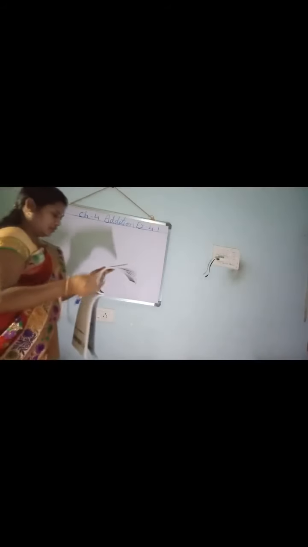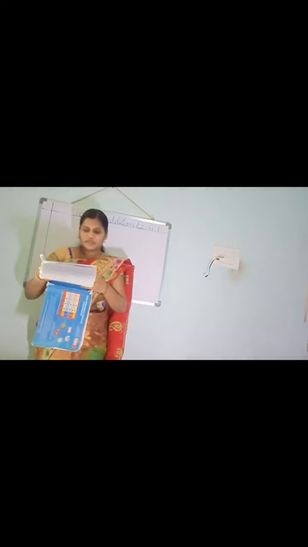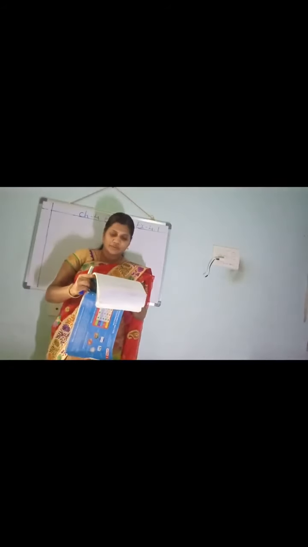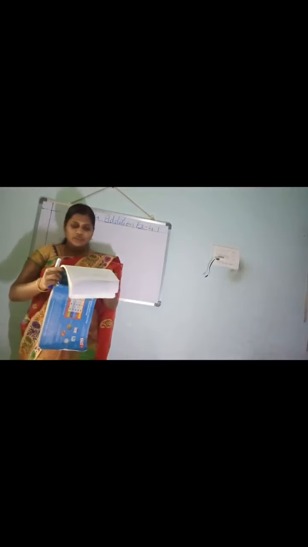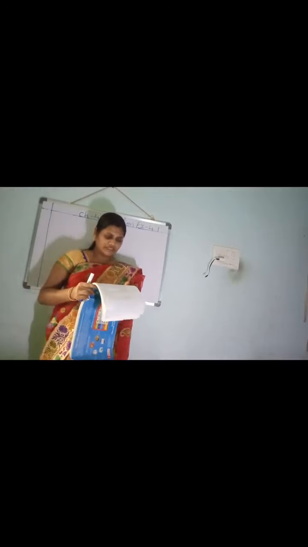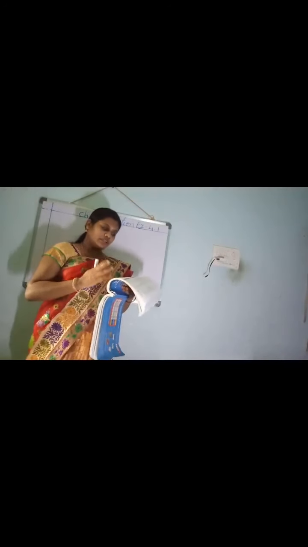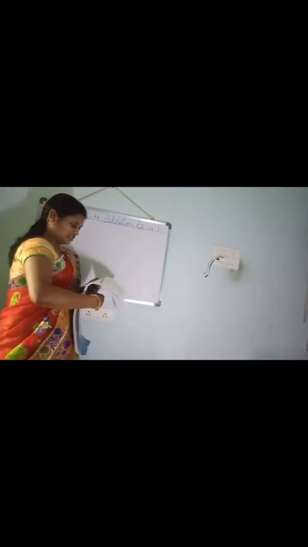Take out your workbook. 17th one. Zenith has 46 red roses, and Kittu has 22 yellow roses. Estimate the total number of roses they have. What you have to do? You should estimate the total number of roses. Understood children?